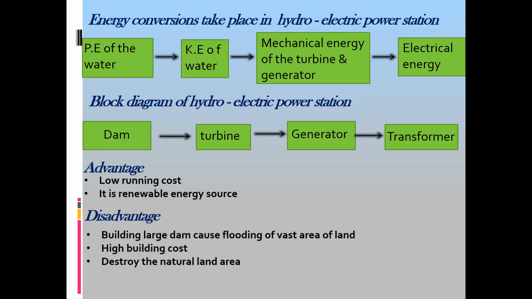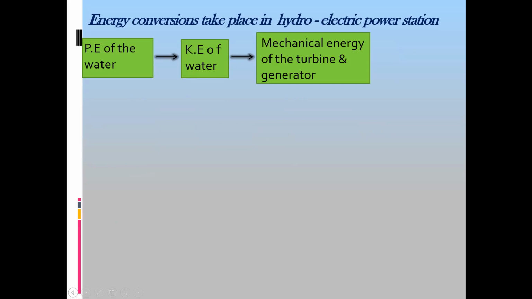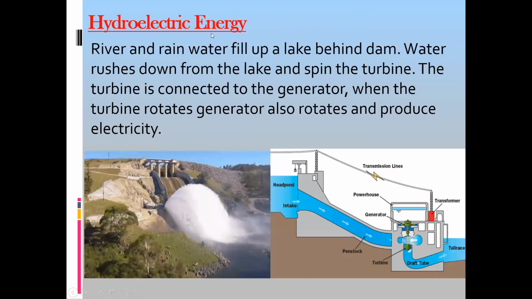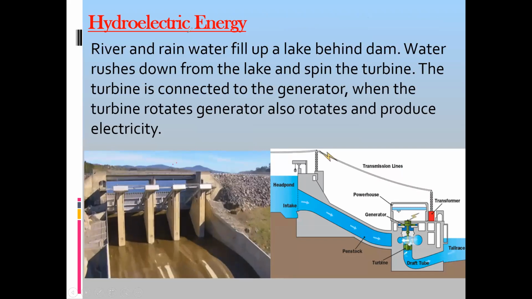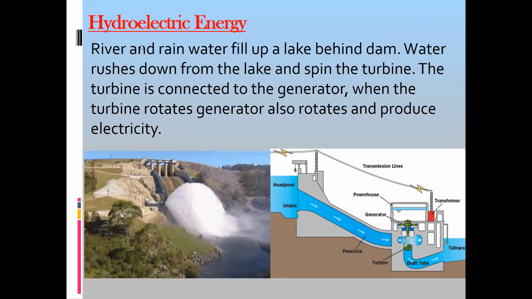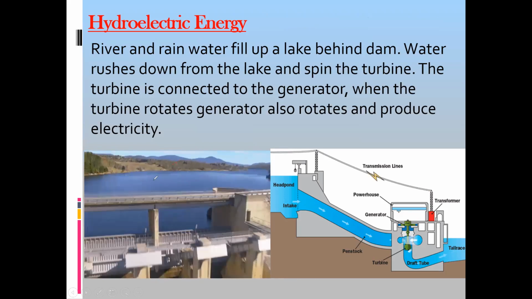But what are the disadvantages? Building a large dam causes a flood in a vast area. So basically, what happened? As you can see, as this dam is built, the vast area is flooded. This area initially had water, but not that much water.